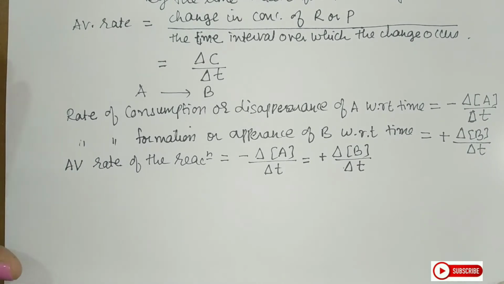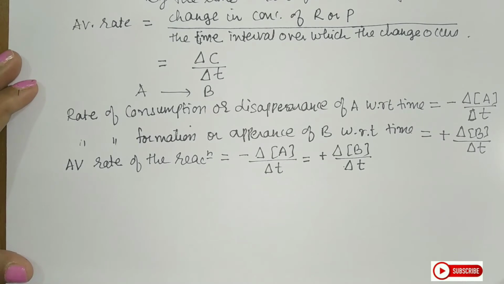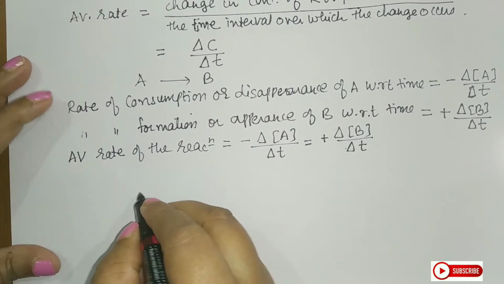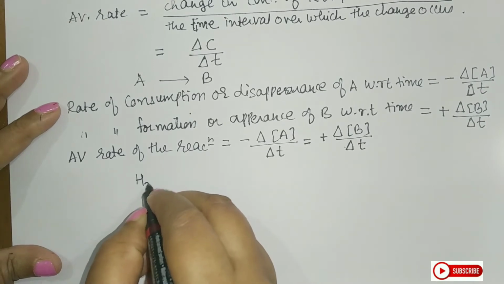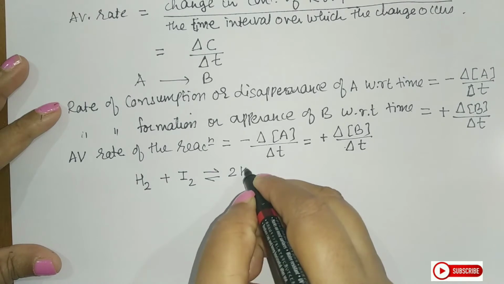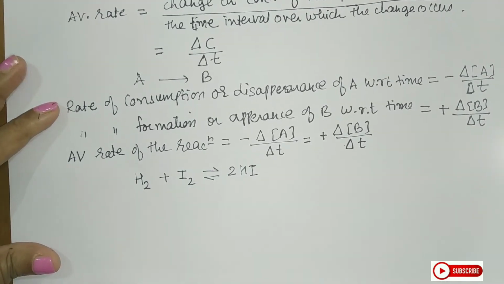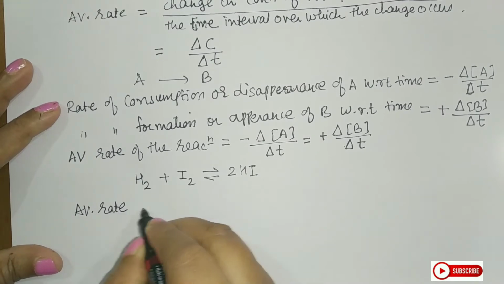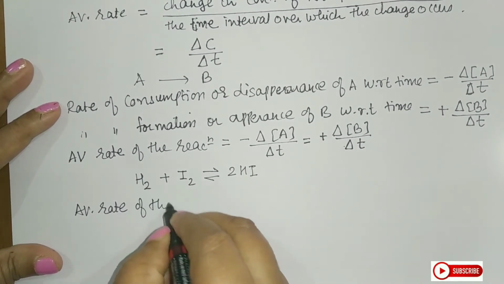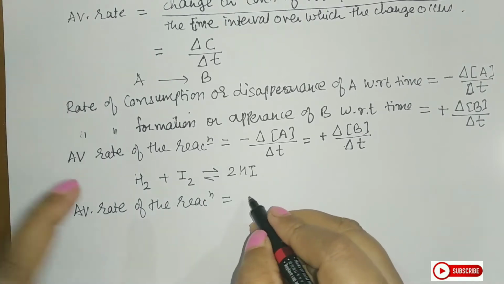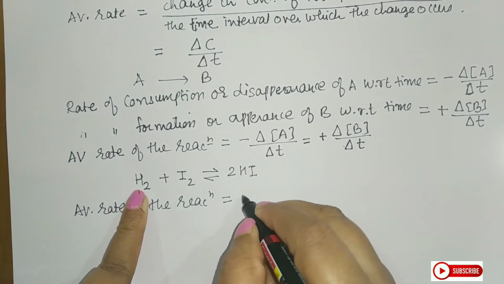Now if I want to take one example, let us write one of the examples. Easy example you can have is H2 plus I2 gives 2HI. Let us write this now. So average rate of the reaction, how will I write this? This is the reactant, so its concentration will decrease.